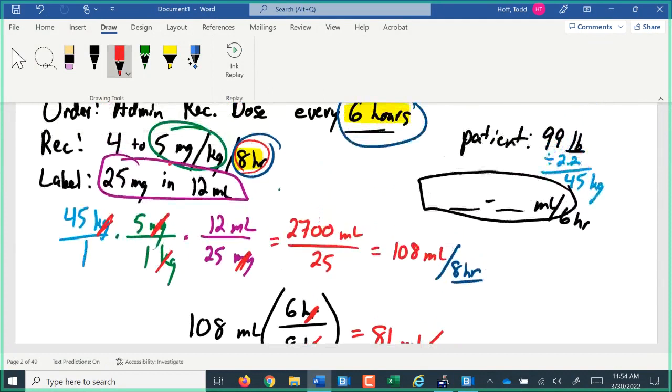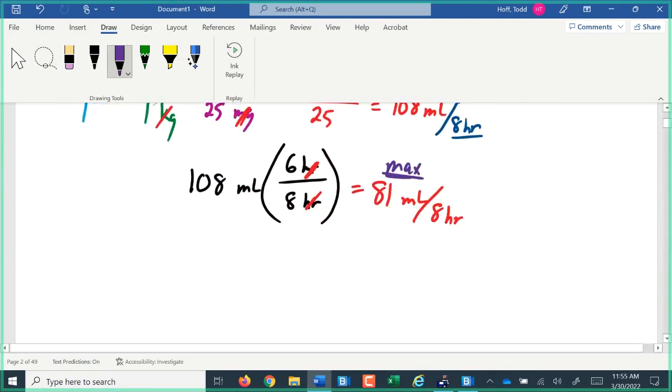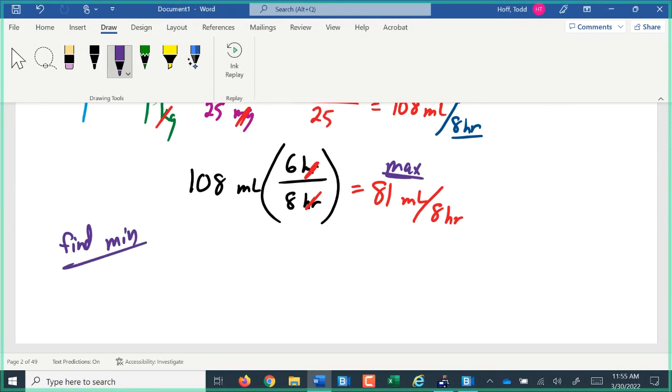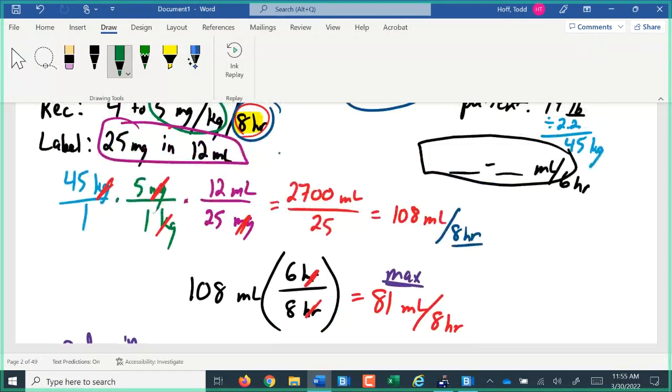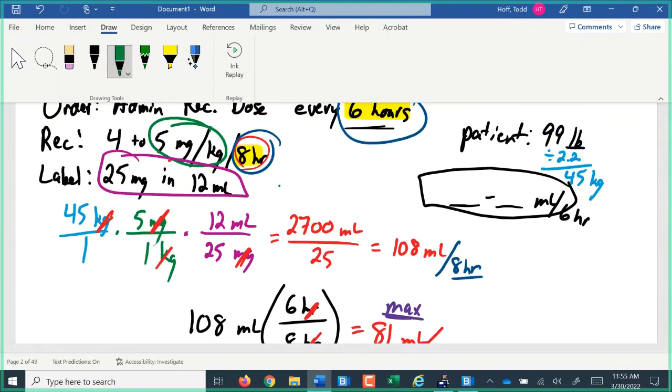Now, just like in previous examples, this is our maximum dose. We still need to find the minimum dose. To find that minimum, we take our maximum, 81 milliliters, and we're going to do our titration. The 81 was based off of 5 milligrams per kilogram.